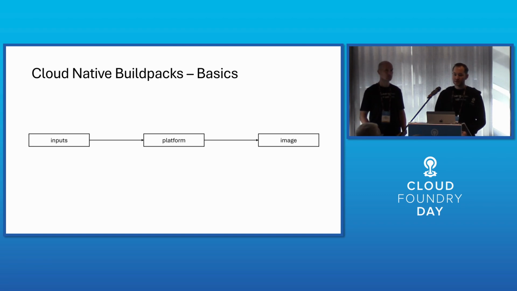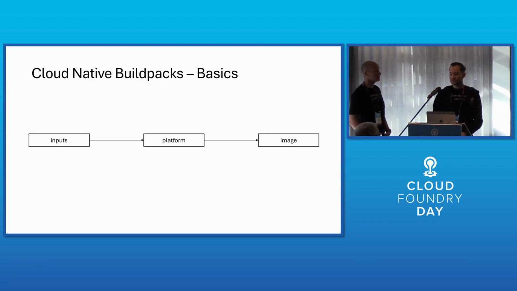It schedules a container, executes the buildpacks inside the container, and finally produces an image. There are many inputs you can provide to that. The most prominent ones are your source code, the buildpacks you want to run, and maybe even a run image, which the final image is based on.